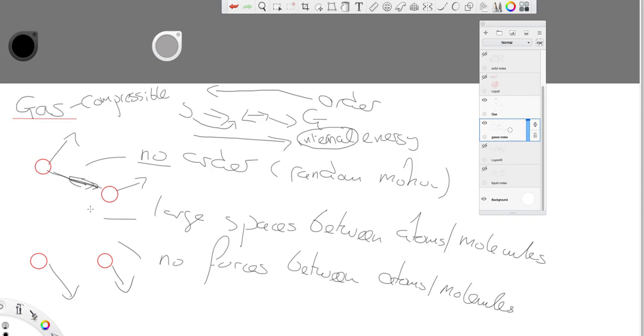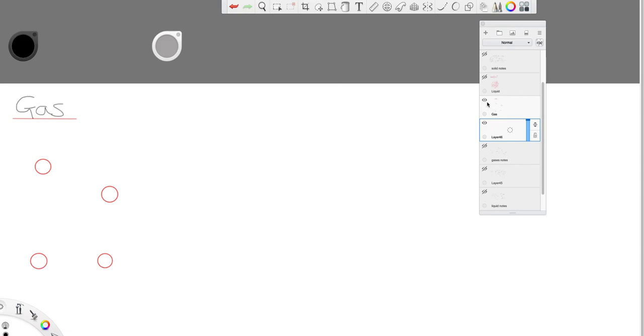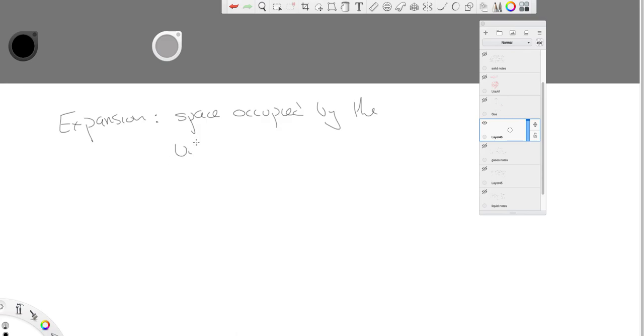Now, another point occurs to me. When we talk about adding thermal energy and solids or liquids expanding, it's really, really important that you remember that with expansion, it is the space occupied by the vibrating or moving atom or molecule.